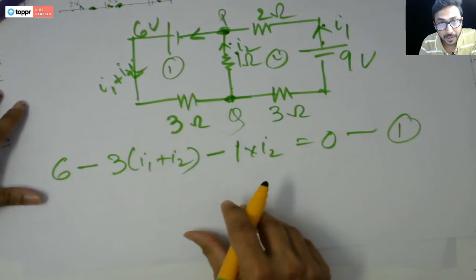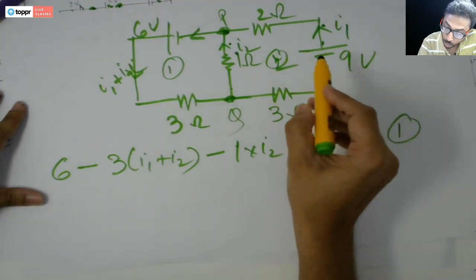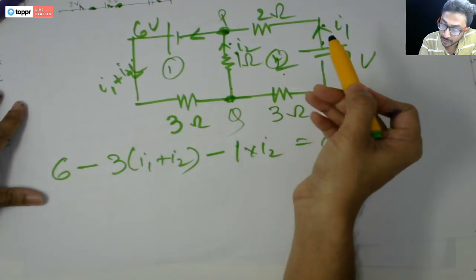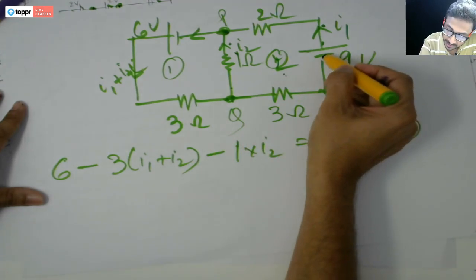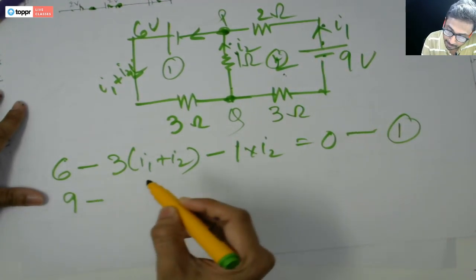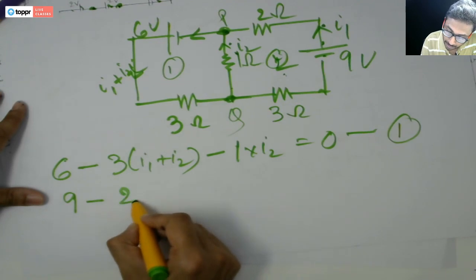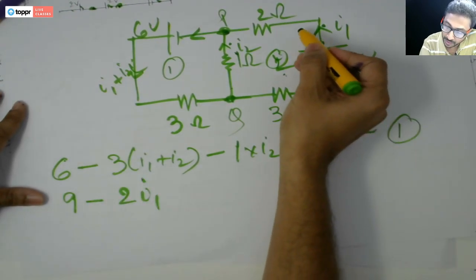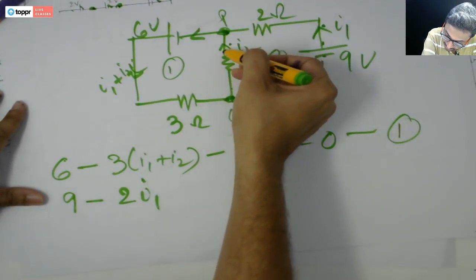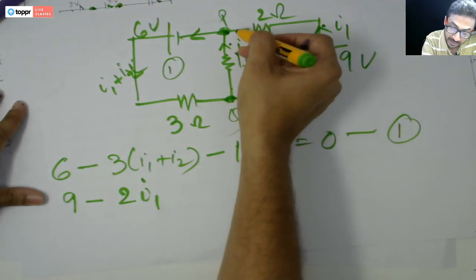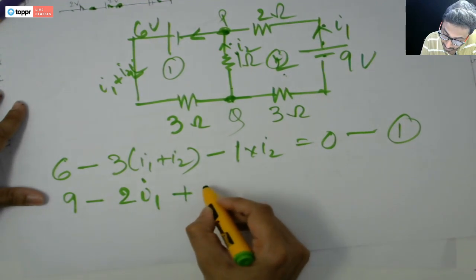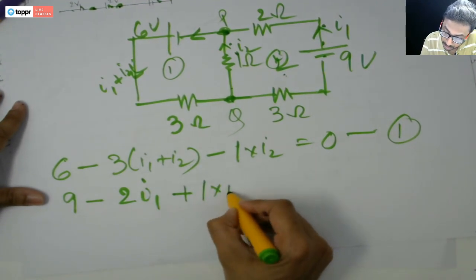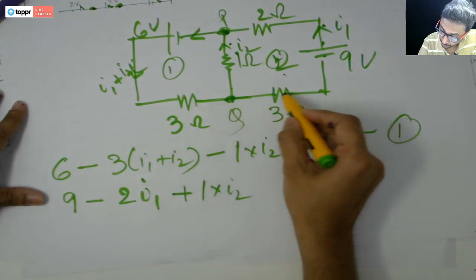This is one equation. For loop 2, again starting from this point, 9 minus 2 I1. Now as we are traveling the loop in this direction but the current is in the other direction, it will not be minus, it will be plus 1 into I2.